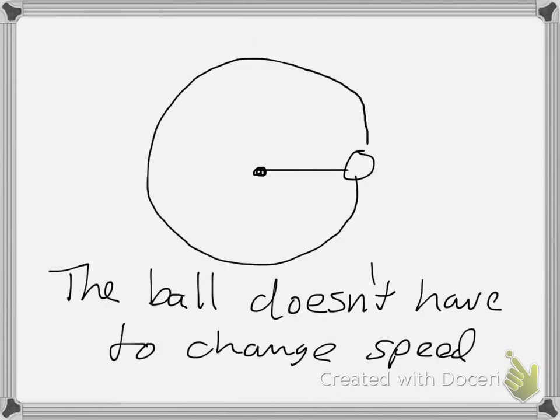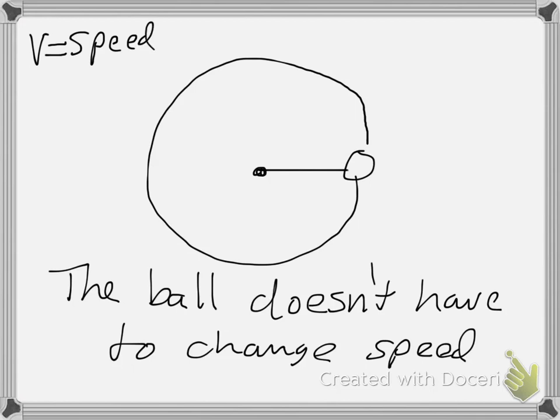So now we go back to our tennis ball, and let's assume that the speed is constant. Now I'm going to designate the speed with the letter V, so don't get confused with V and velocity and S for speed. I'm going to designate the speed as V, and you'll see why in just a few moments.